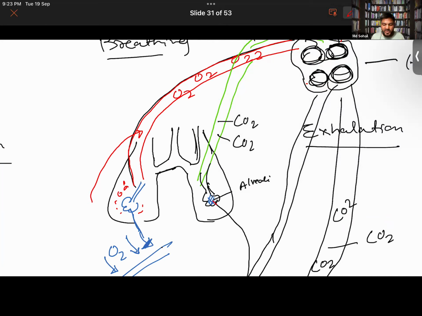There are more CO2 molecules present in the blood capillary surrounding the alveoli, so the pressure is high here. Getting what I'm saying? Is it clear to you guys? If there's any doubt, please stop me. Yes, sir.